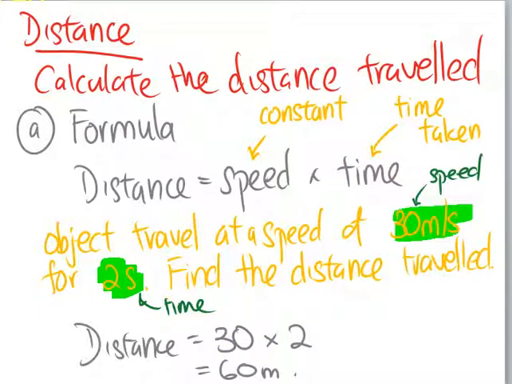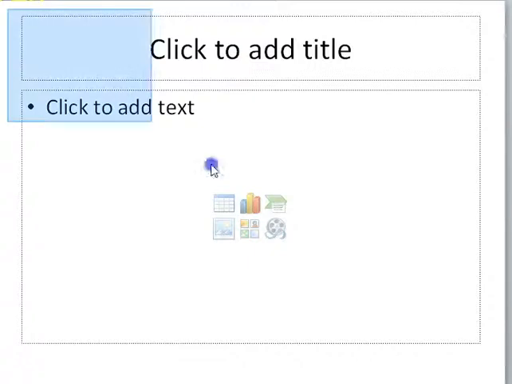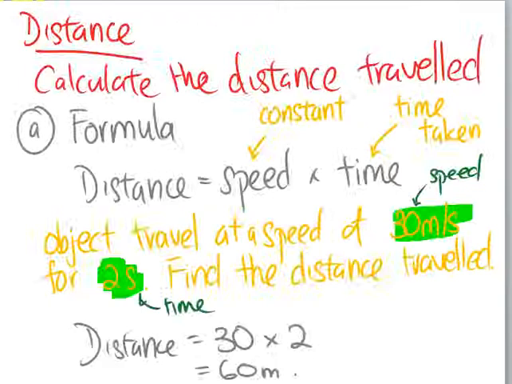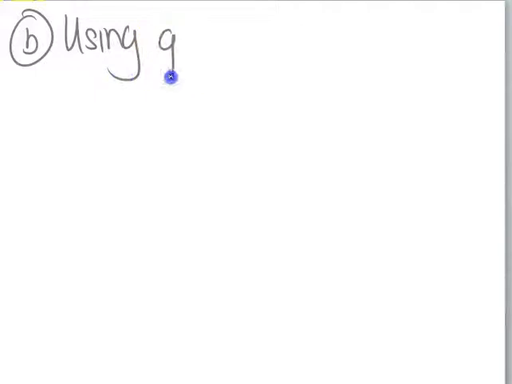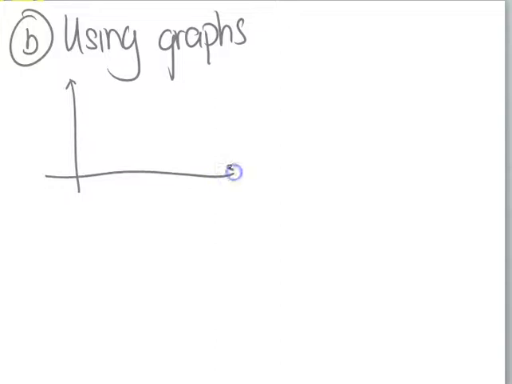The second way that we can go about finding distance is by using the graphical method. First one we did was the formula. Next one we're going to go by graphs. When you talk about using graphs, we have two types that we always deal with.